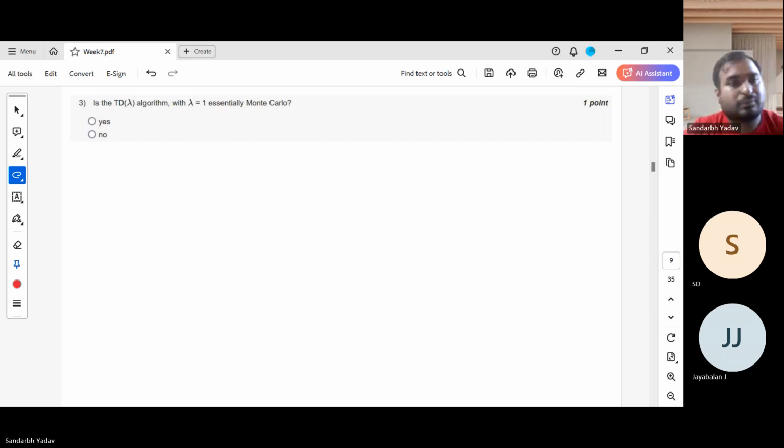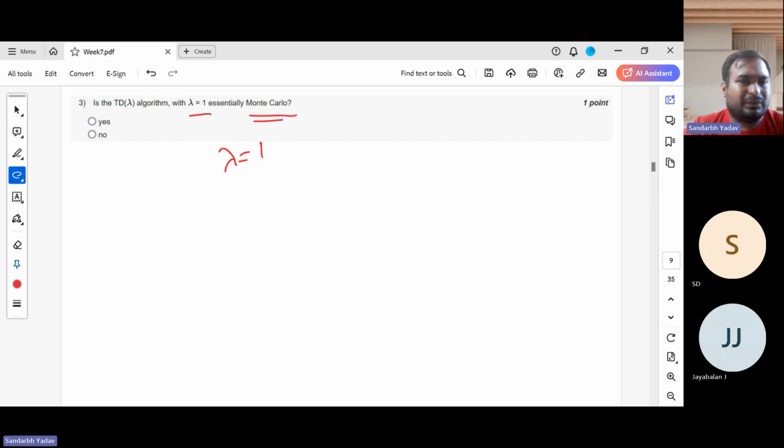Is the TD lambda algorithm with lambda equal to 1 essentially Monte Carlo? Is it true? We know that if lambda is equal to 1, then the return will be the Monte Carlo return, because it will have contributions from all the returns, right? So if we have lambda equal to 1, then TD lambda reduces to Monte Carlo.